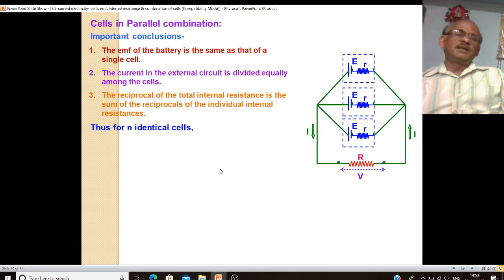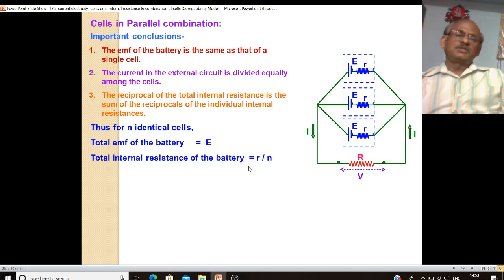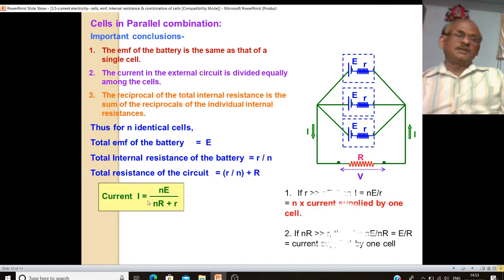So for n identical cells, the total EMF of the battery will be E, and total internal resistance will be r by n. So total resistance of the circuit will be load resistance plus total internal resistance. Thus current I equals nE by (nR plus r).